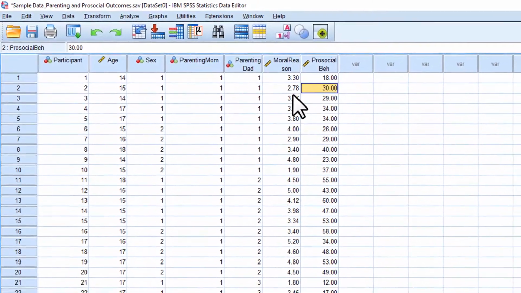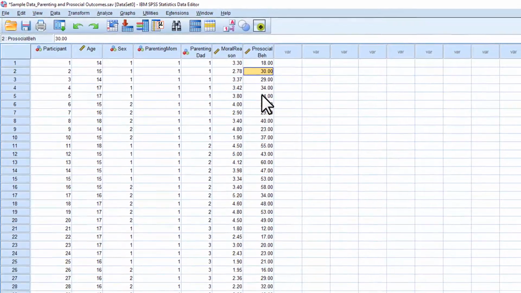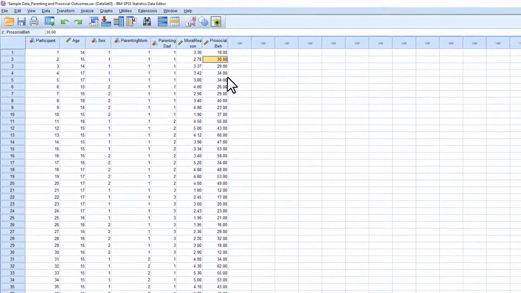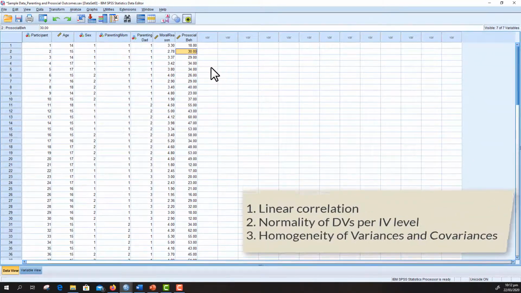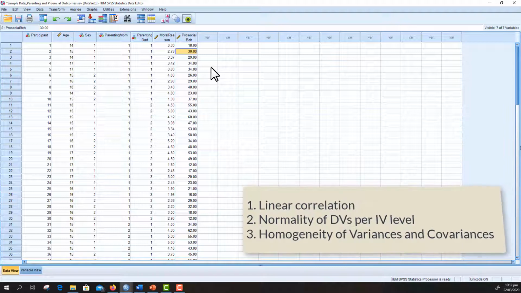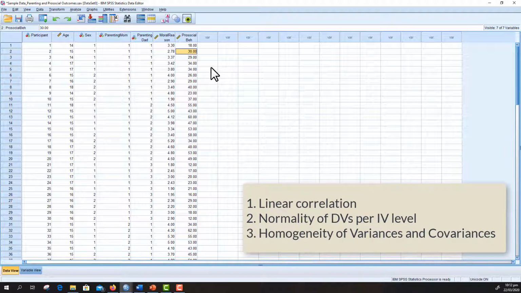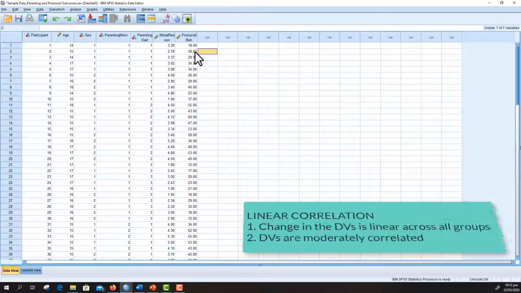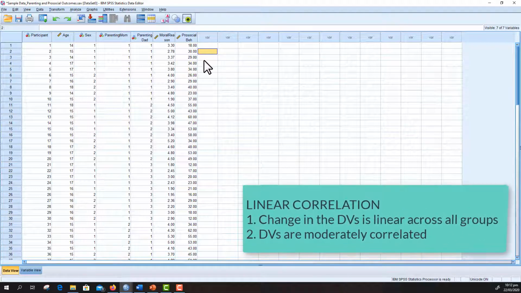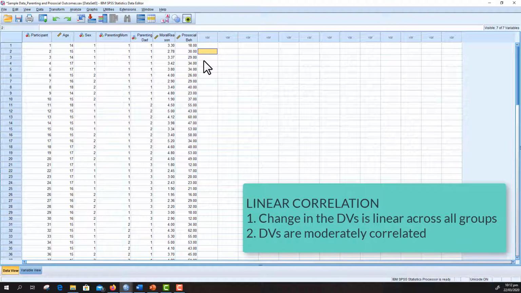As I mentioned, the 3 remaining assumptions can be tested once data has been collected. So we have linear correlation, normality, and the assumption of homogeneity of variances and covariances. The assumption of linear correlation means 2 things.